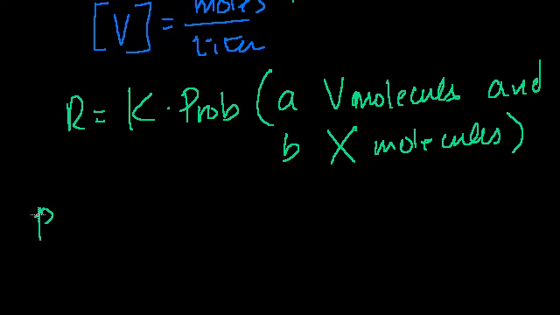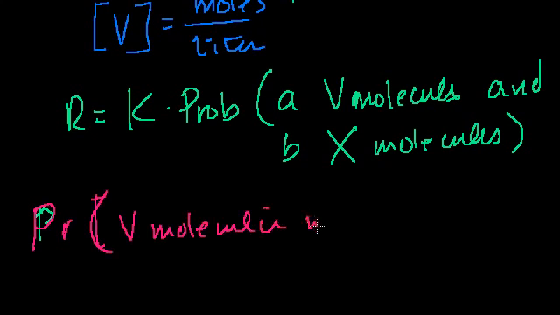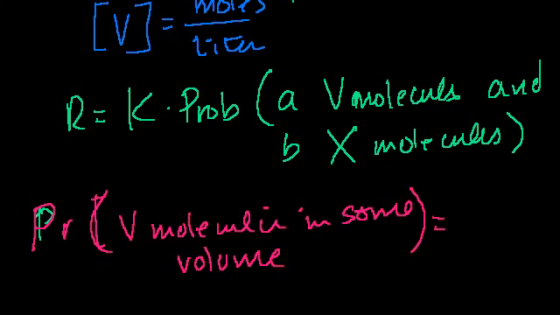But if you use the concentration as the probability, let me switch colors. If the probability of having a V molecule in some volume, if we assume that the solution is homogeneous, that the V molecules are roughly evenly distributed, it's going to be, this isn't even an approximation, it's going to be the concentration of the V molecules times the volume that we care about.